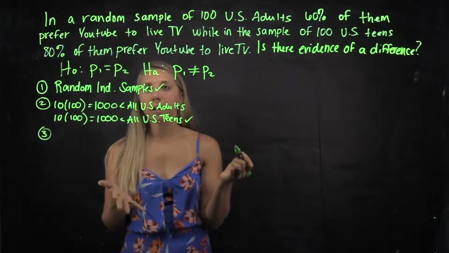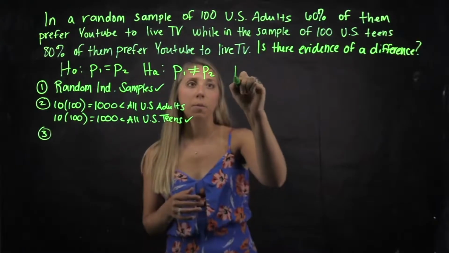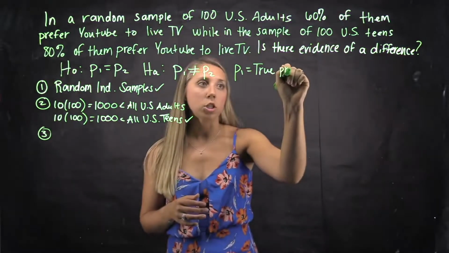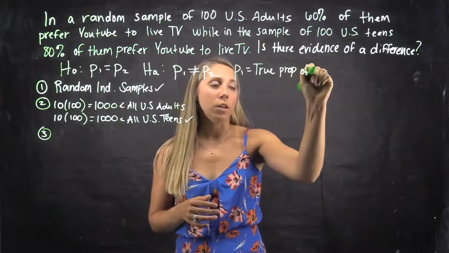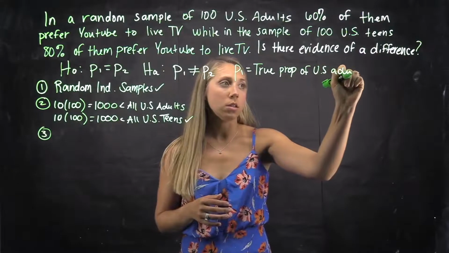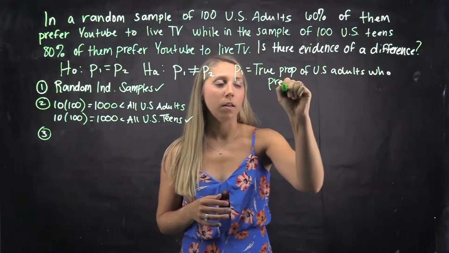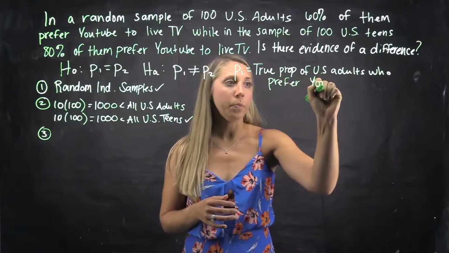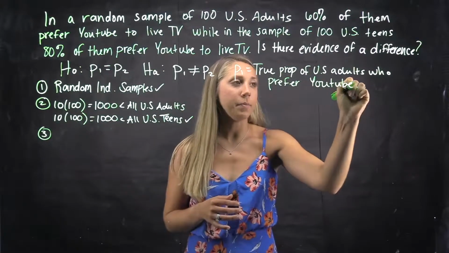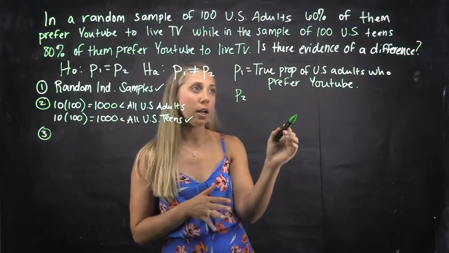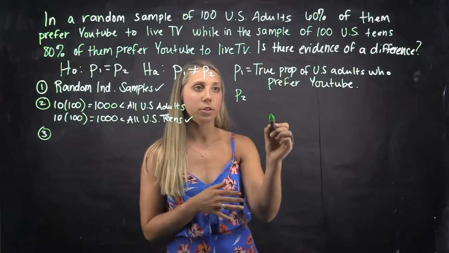We probably should define our parameters here as well. So P1 is the true proportion of US adults who prefer YouTube to live TV. And P2 is the true proportion of US teens who prefer YouTube to live TV.